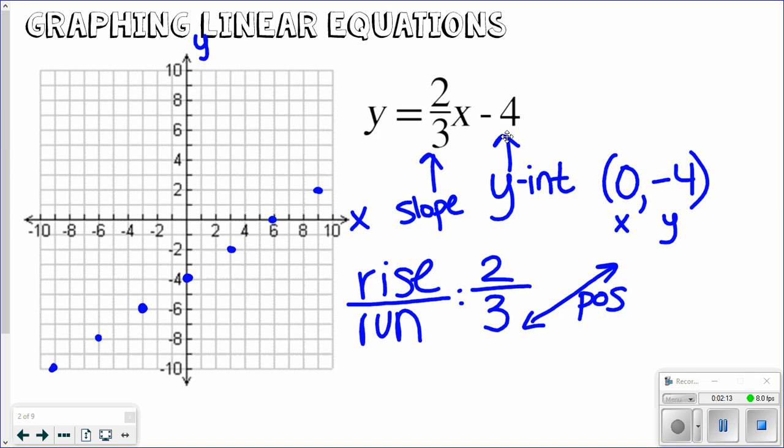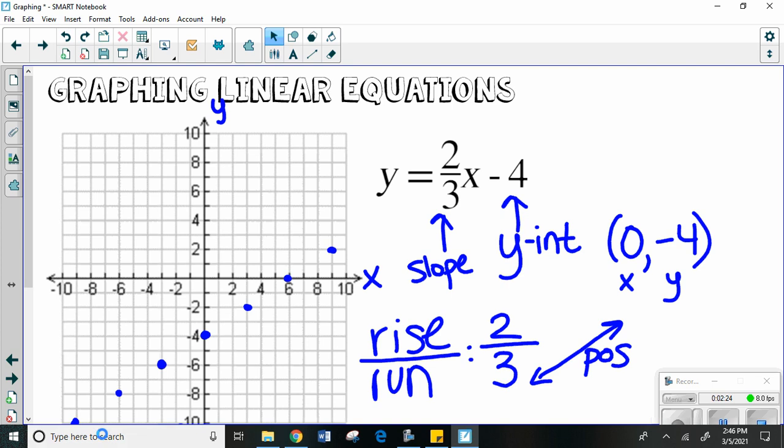Now I want you to find a ruler. And if you don't have a ruler, find something that has a straight edge that you can line up on top of your paper. And we are going to connect these points with a straight line.